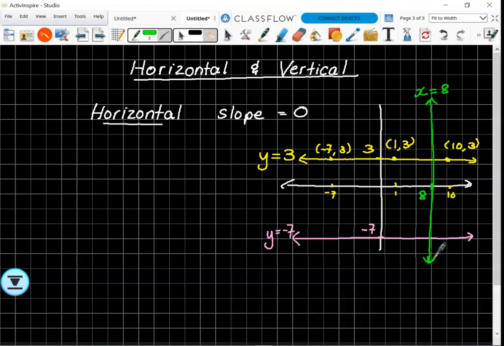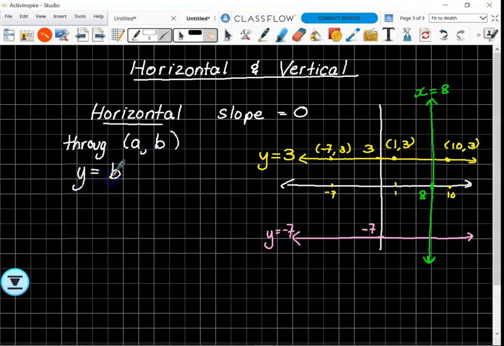Right? So really simple. If I've got a horizontal line and it's passing through the point (a, b), then the equation is going to be y equals the b value. It equals your y value. Does that make sense?